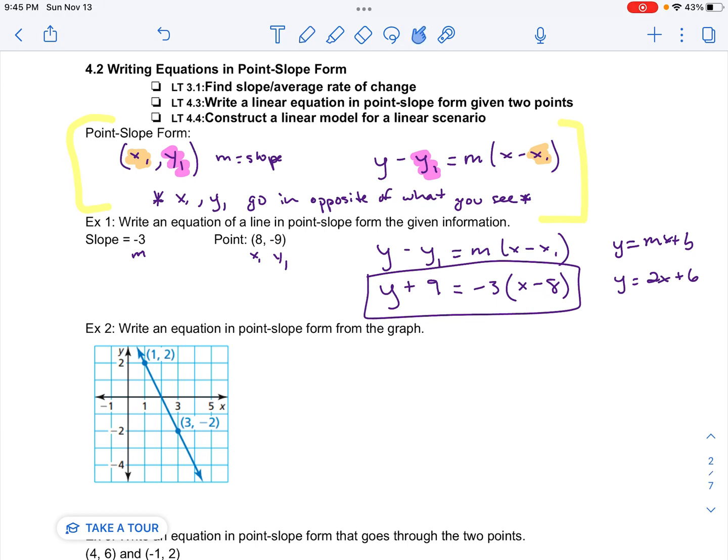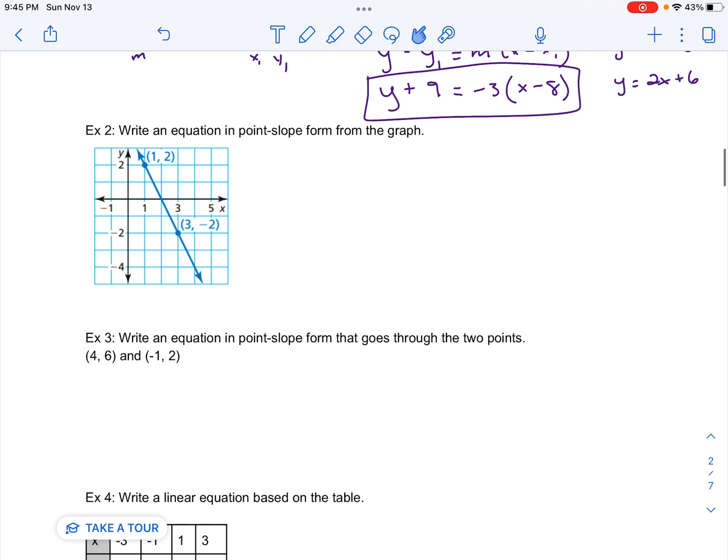So example 2: write an equation in point-slope form from the graph. I have 2 points, which is great, and it doesn't matter which point you want to use. I'm going to use the 1 and the 2 as my point. Again, you could use the 3 and negative 2, it's up to you. But my problem is I don't have a slope. However, I do have 2 points from which I can find that slope.